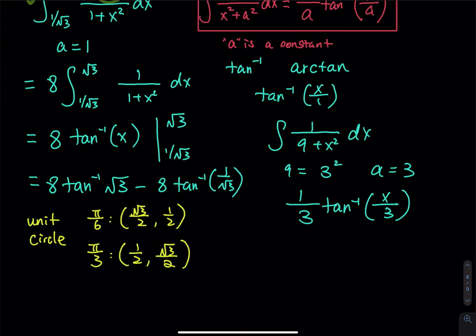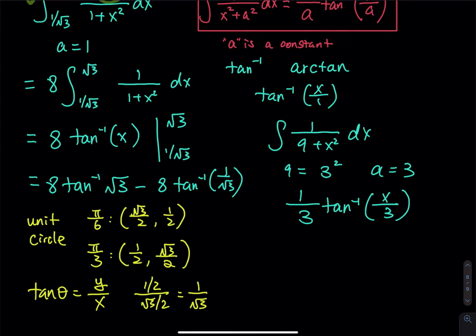And then the tangent: for tangent theta, we know that tangent is y divided by x. So for y divided by x, you don't see any root 3 in the numerator, because when you do 1/2 divided by root 3 over 2, this is equal to 1 over root 3.